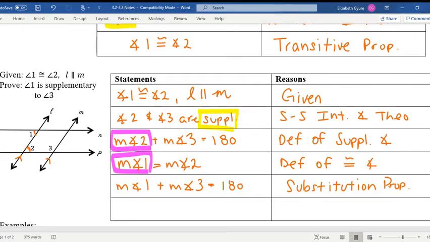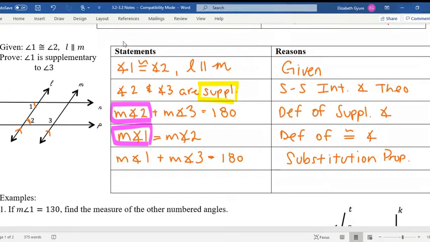Ashley? Very good. Angle 1 is supplementary to angle 3, and that is the definition of supplementary angles. Very good.